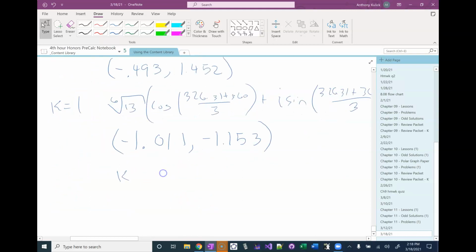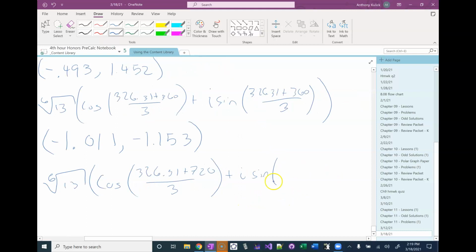And I have one more to go. That's when k is equal to 2. So again, 6th root of 13 times cosine of (326.31 plus 720) over 3, plus i sine of (326.31 plus 720) over 3.